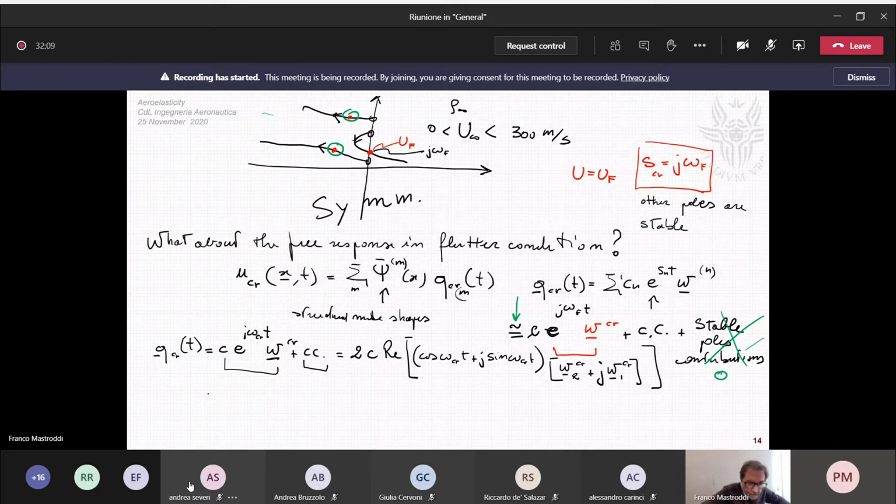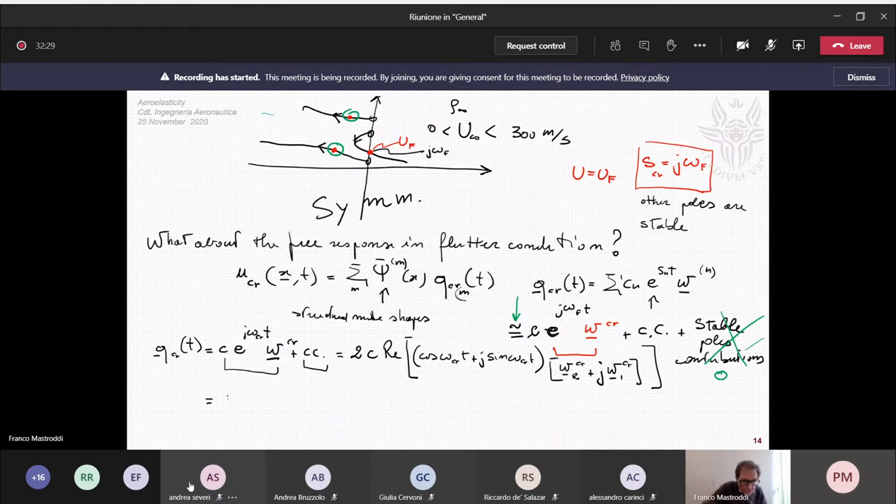And therefore we have the following for our q critical in time. We have a real function, not complex, of course, because our system is a physical system, and we have only real quantities marching in time.